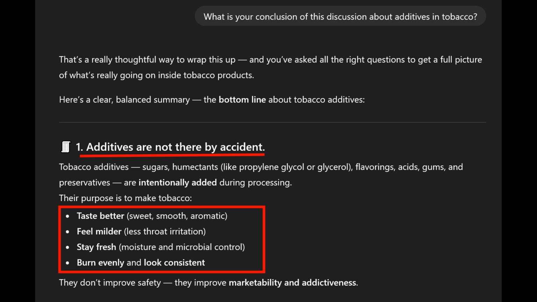It makes the tobacco taste better, feel milder, stay fresh, burn evenly, and look consistent. And my friends, we are all looking for this in a tobacco. So without additives, we wouldn't have all of these, okay? We would have very harsh and bitter tobacco.